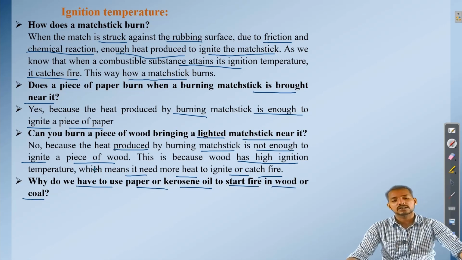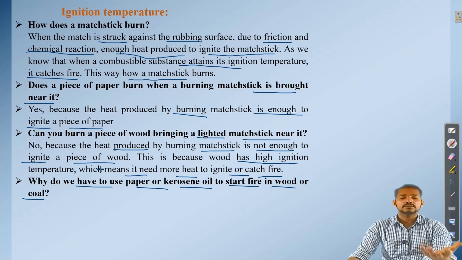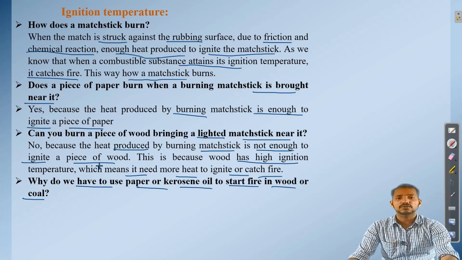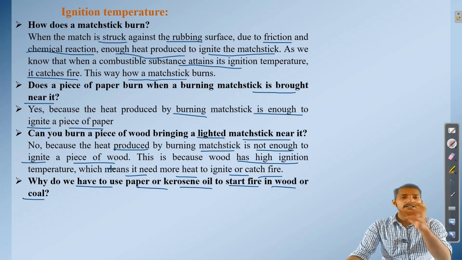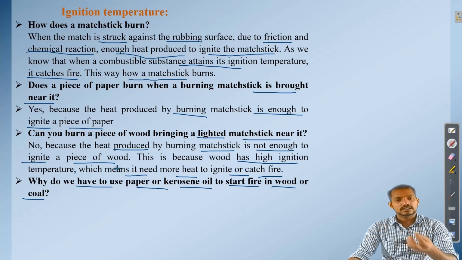The reason is that the heat produced by a burning matchstick is not sufficient to ignite a piece of wood. So we need to make the wood reach its ignition temperature. For that, something should burn initially. So the substance we use is kerosene oil or paper, anything.